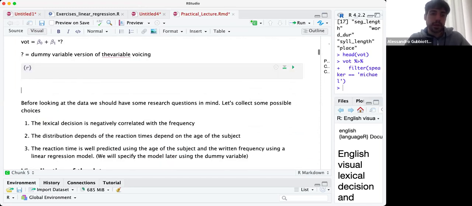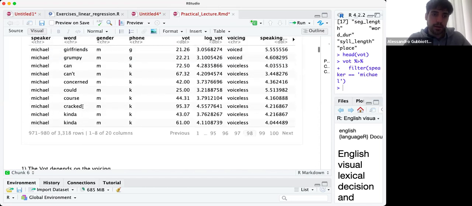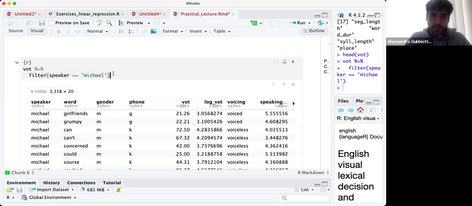We can do it really easily. We save this data frame, vocal onset time of Michel.